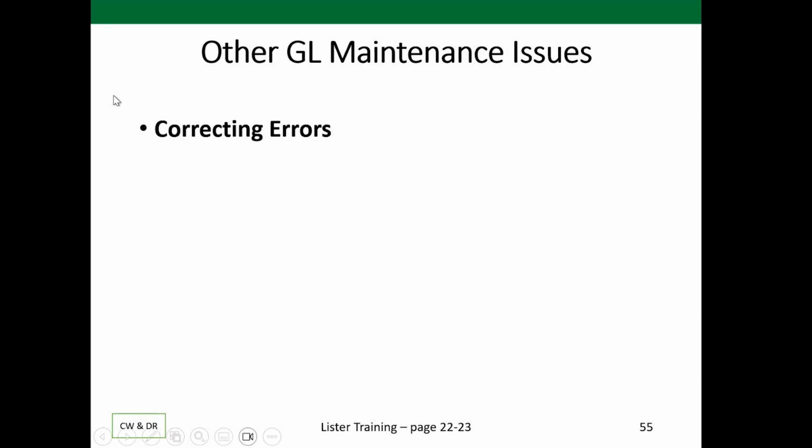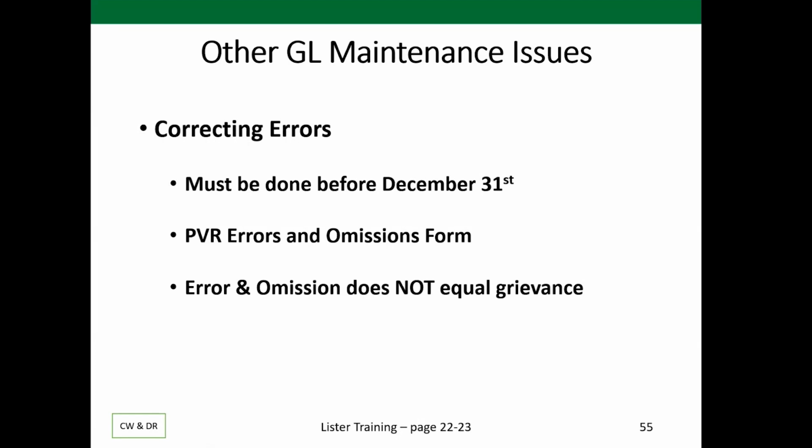All right, let's get back to correcting some errors. All corrections for errors must be done before December 31st in any given year. Hopefully you find them sooner. Once you get into that month of December and you find errors, every town by law must give 30 days for a bill to become due.